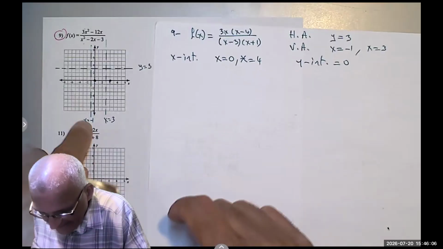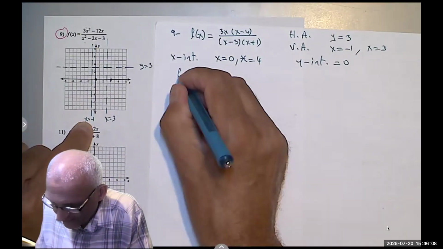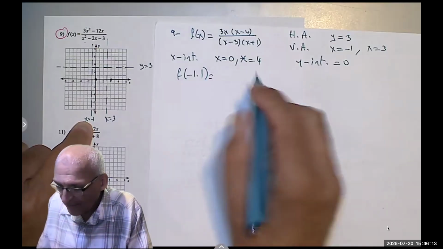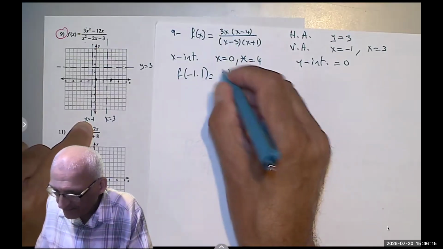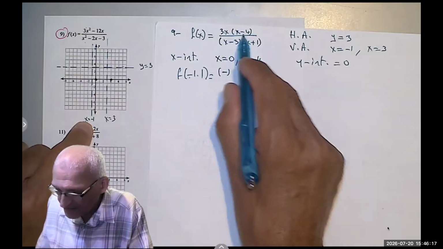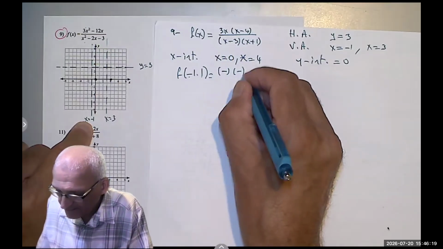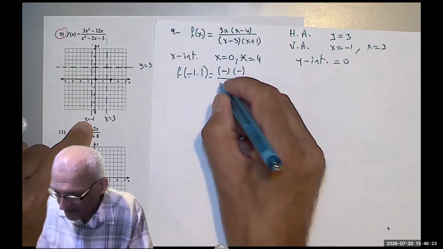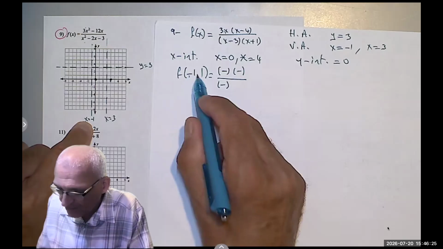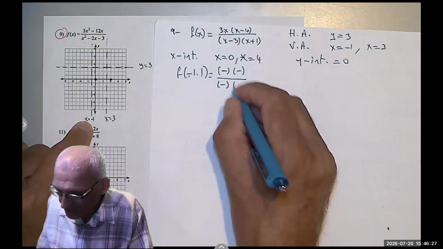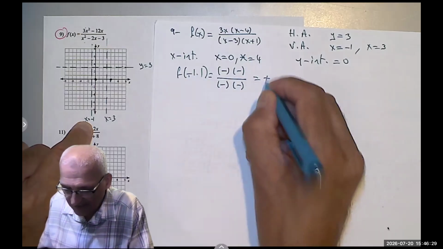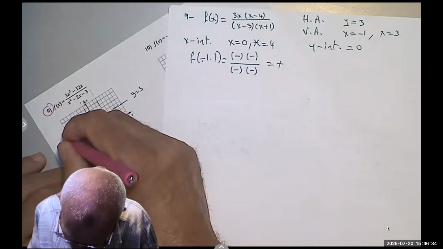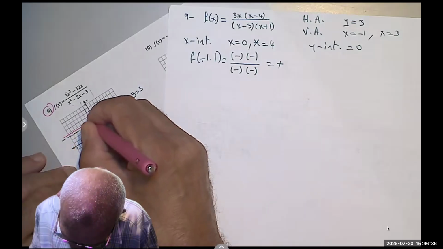So if I take x to the left of negative 1, f of negative 1.1, for example, 3x would be negative. Negative minus 4 is also negative. Negative 1.1 minus 3 is negative. And negative 1.1 plus 1 is also negative. So when I divide these, I get positive, meaning this branch would look something like that.